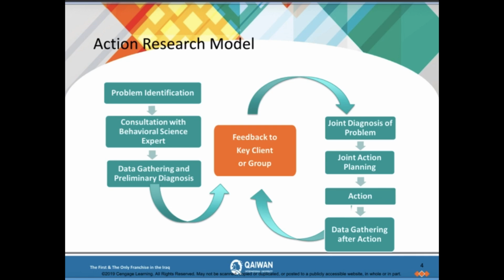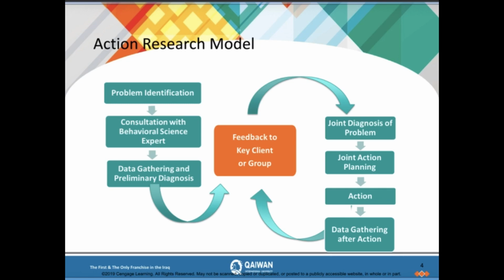And we have another model. This is the action research model. This model is more practical and scientific because it is based on data, analysis and continuous improvement. So let's imagine a real situation.